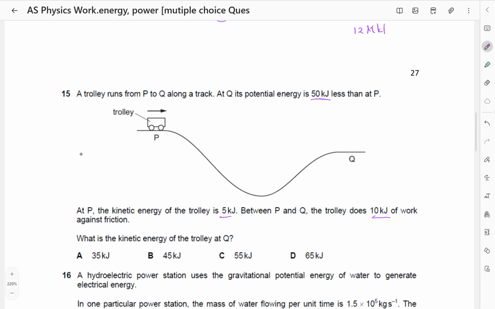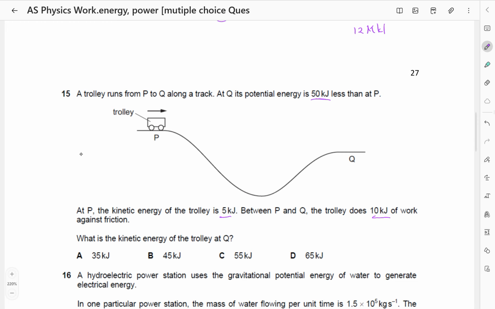So the loss in potential energy at P plus the kinetic energy at P should be equal to the kinetic energy at Q plus the work done against friction.